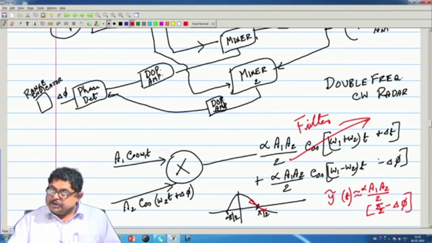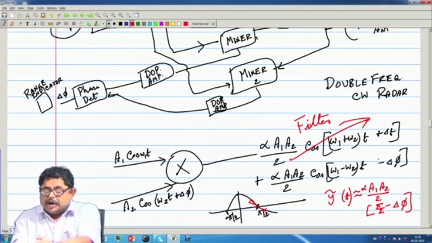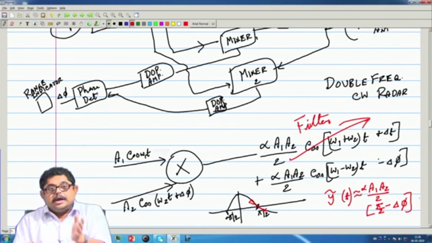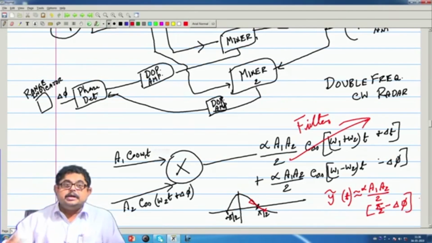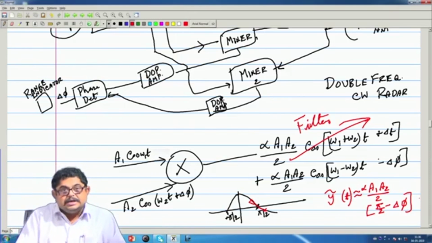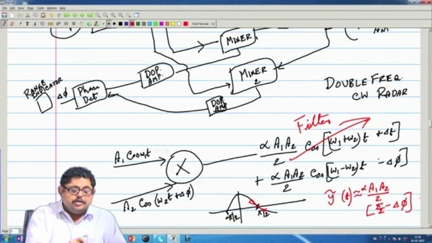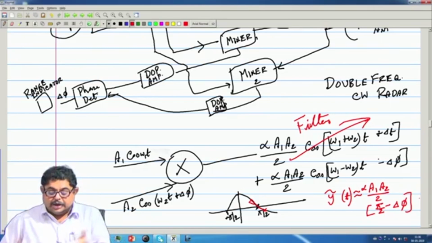So, you see that this is a bias, but y t is proportional to delta phi. So, in this region, if you can lock, after this filter you put a phase lock loop, and then you get the signal with delta phi. So, you can easily find the range. The more precise you are in this measurement, the more precise will be your range indicator.